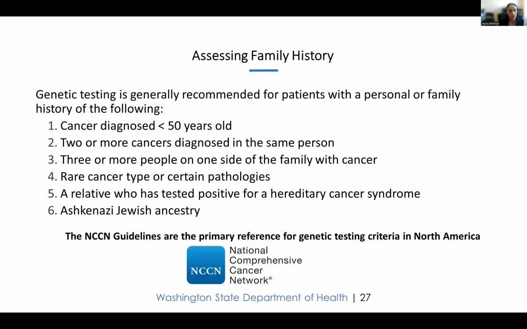Relatives who have tested positive for hereditary cancer syndrome, so when there's a known familial variant in the family, and then Ashkenazi Jewish ancestry for reasons that have been reviewed previously in this presentation.